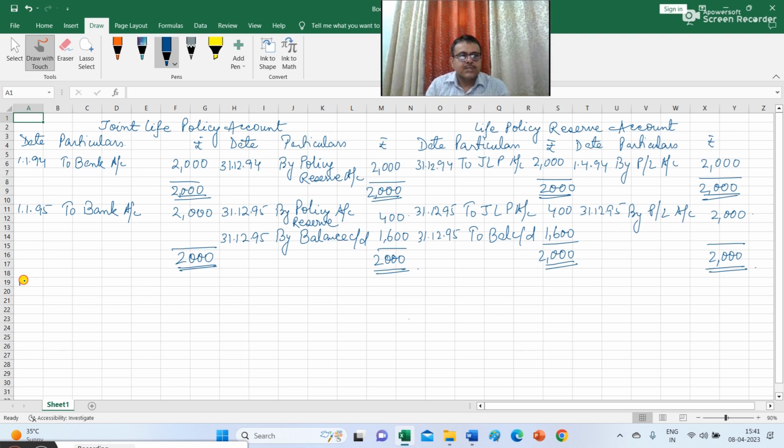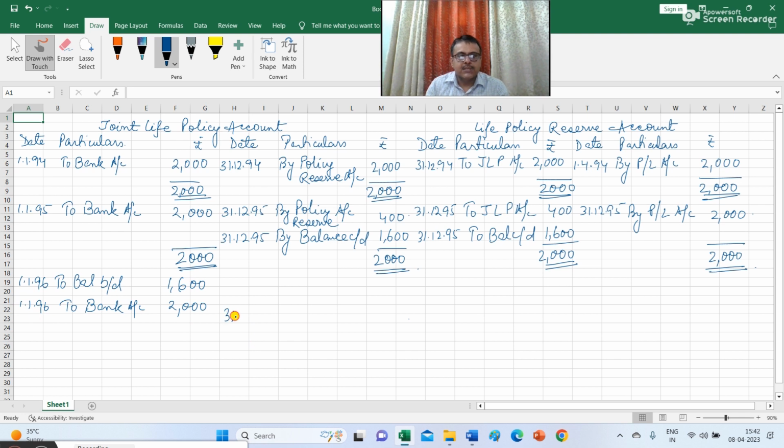So on 1st January 96 the balancing figure will be brought down. So I have to write here as to balance BD 1600. Then on the same day you have to pay the amount of premium. So to bank account the amount of premium was rupees 2000.